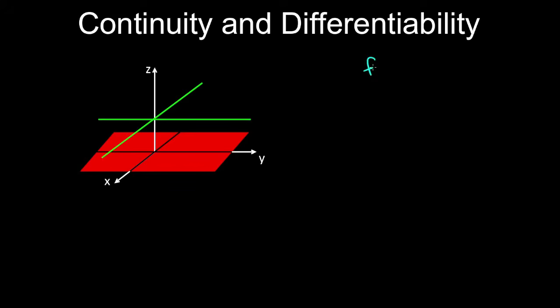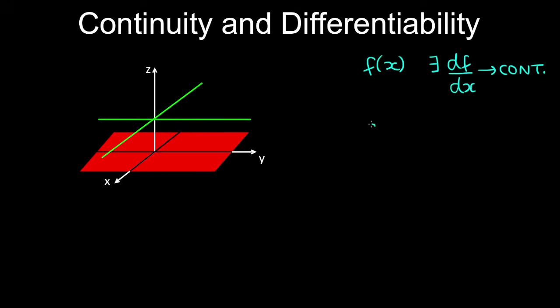Recall when we had a function of one variable, then we found the existence of the derivative with respect to the independent variable x implies continuity, or that the function is continuous.